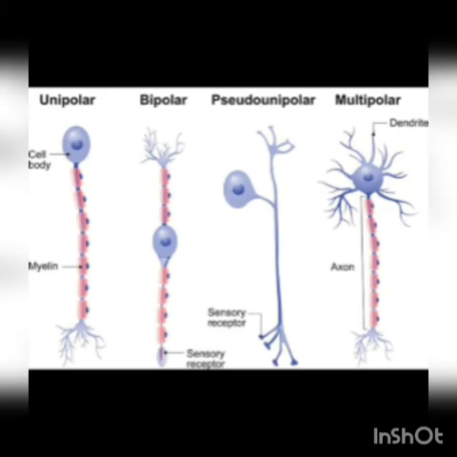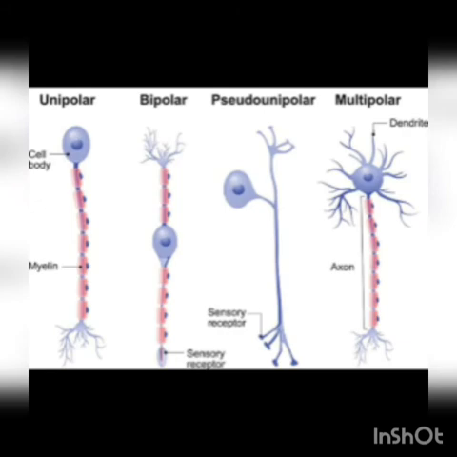So it looks T-shaped, and it is a pseudo unipolar neuron. In the case of the last one, multipolar neurons, these possess a single axon and many dendrons, and the example is the neuron of the cerebellum.